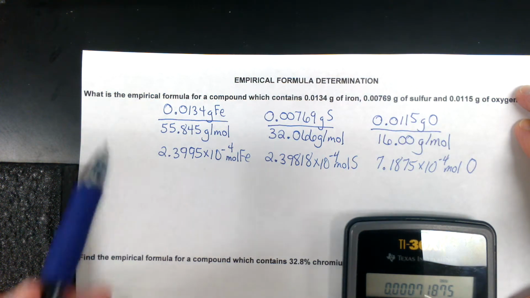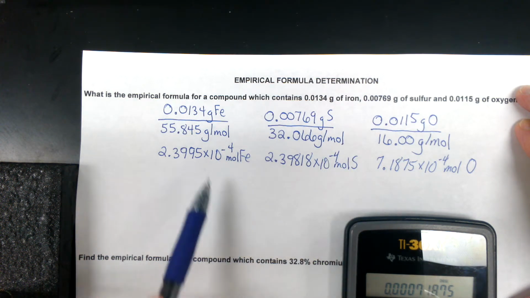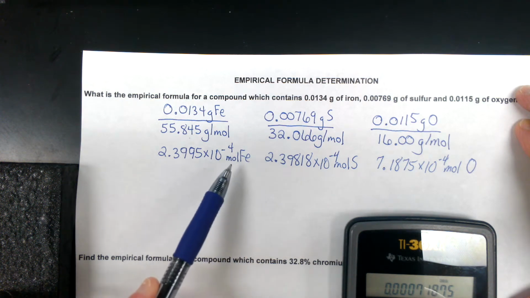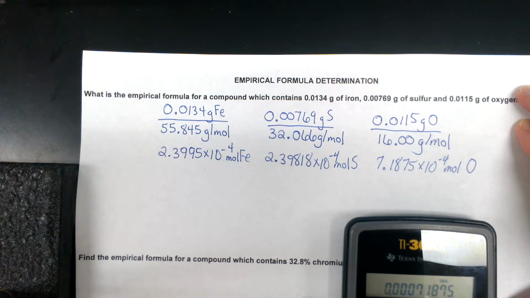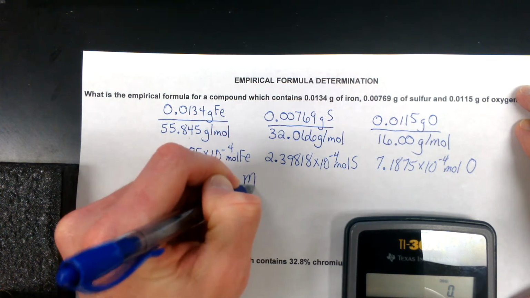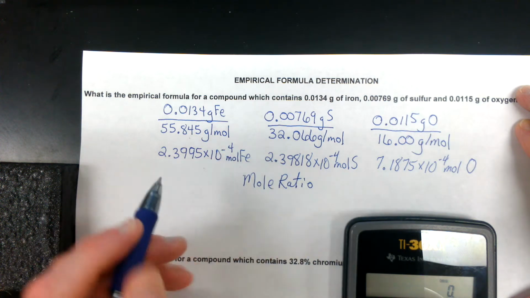Okay, so what we've done is we've taken the mass of each element contained in the compound. We've divided them by their molar masses so that we know the moles of iron, sulfur, and oxygen contained in the compound. Now, what we want to do next, we want to look at the ratio of these moles. So let's focus on the mole ratio between these three elements.